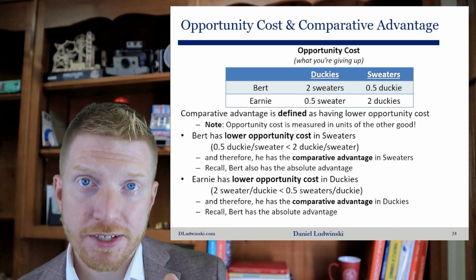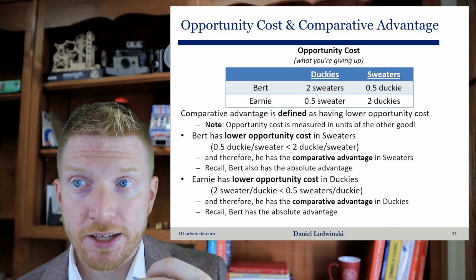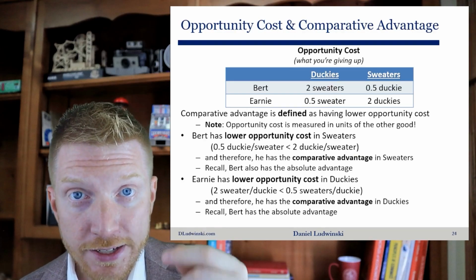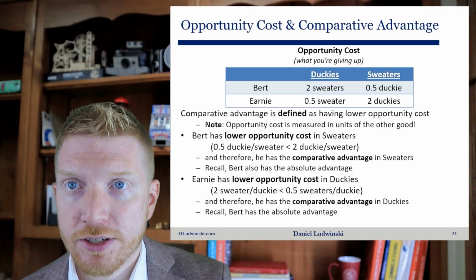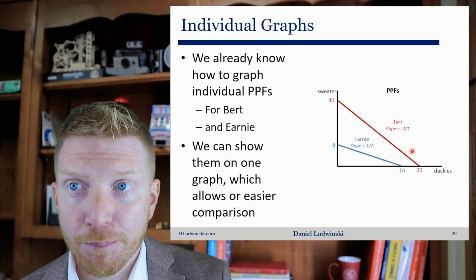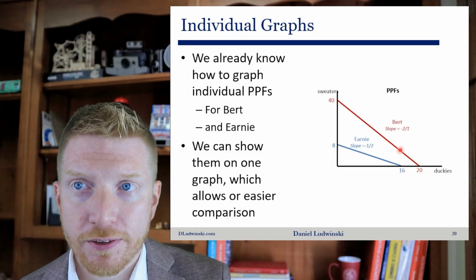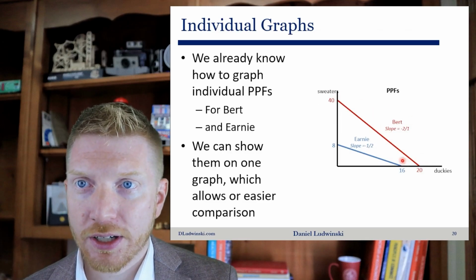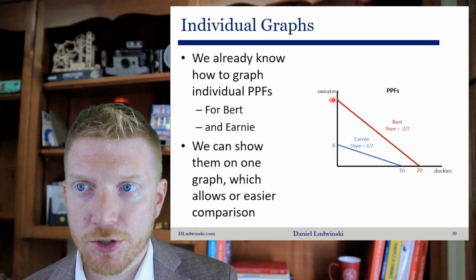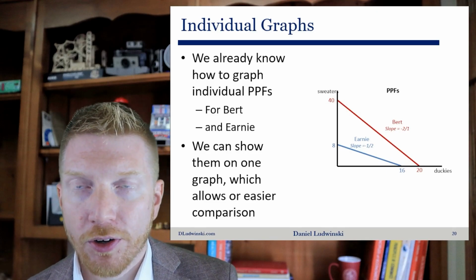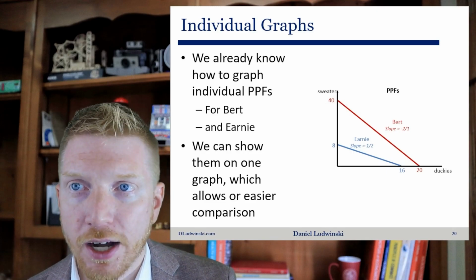And I want to emphasize that Ernie has the comparative advantage here in duckies, but he does not have the absolute advantage. Bert can make more of either. He is just a faster worker. He, for whatever reason, can make more duckies and more sweaters. That's what absolute advantage is about. Who can make more in a given amount of time?